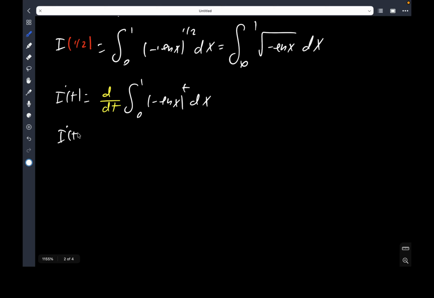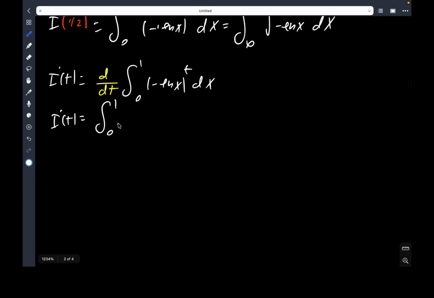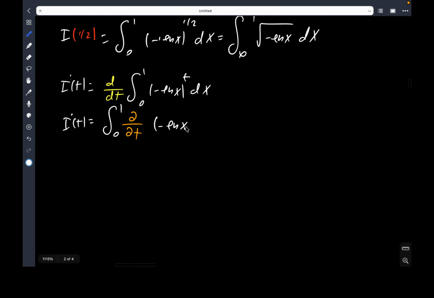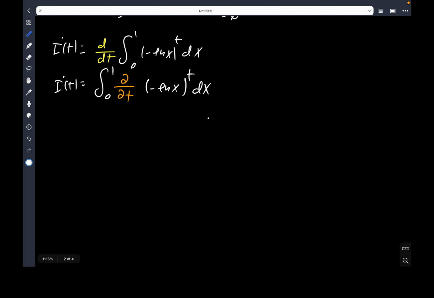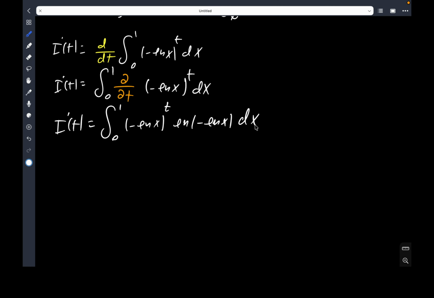And I prime of t would be the integral from 0 to 1 of, this is going to become a partial derivative, partial t of (negative ln x) to the power of t dx. And my integral finally is going to be the integral from 0 to 1 of (negative ln x) to the power of t times ln of negative ln x dx.